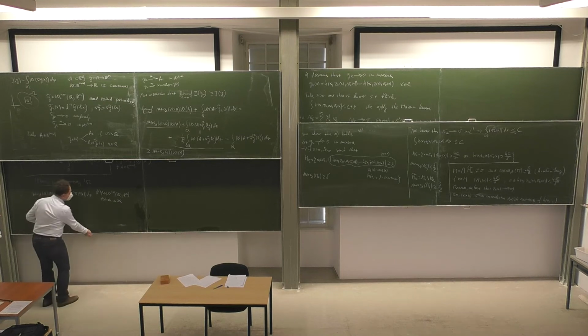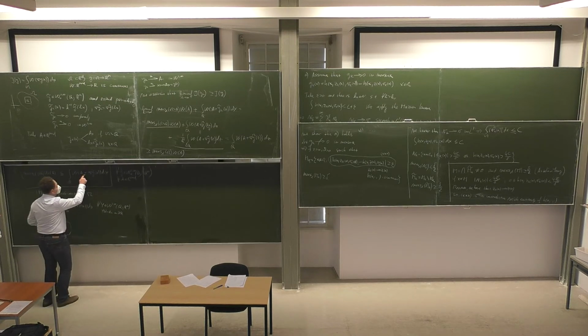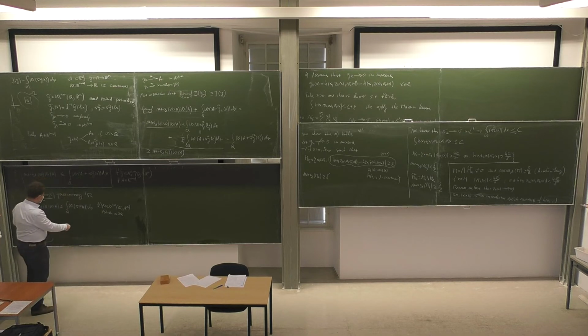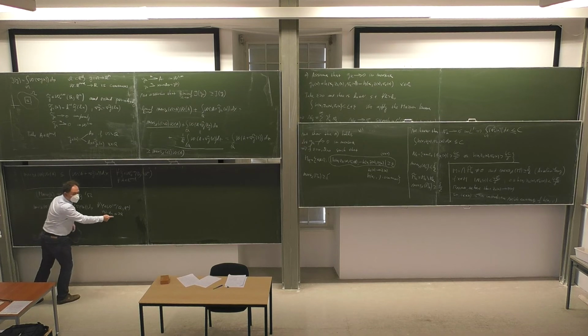Because I write this as a gradient of this phi. So I first put Ax and then this one, and then it looks like there is no A on the right-hand side, but the A is hidden in the boundary condition.